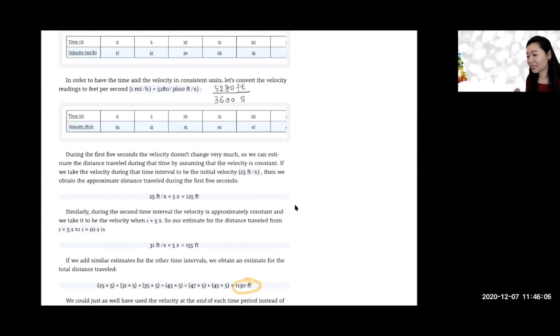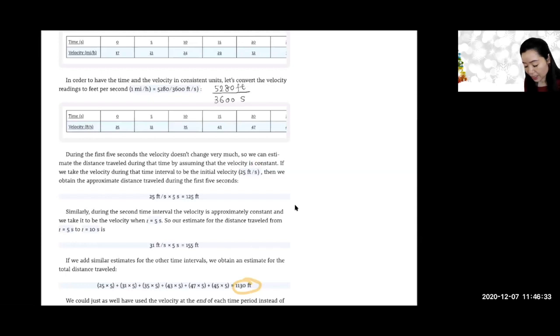So you can estimate the distance traveled during that time by assuming the velocity at this reading is going to be constant. Because the time interval is so small, it doesn't change much. Let's assume that it's constant, so we can estimate that.